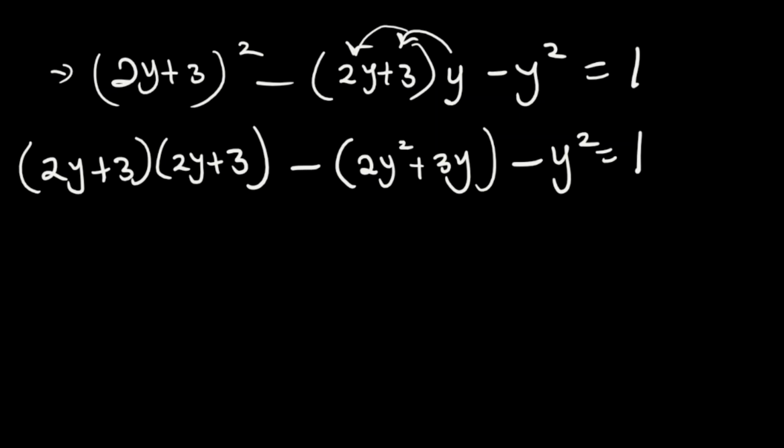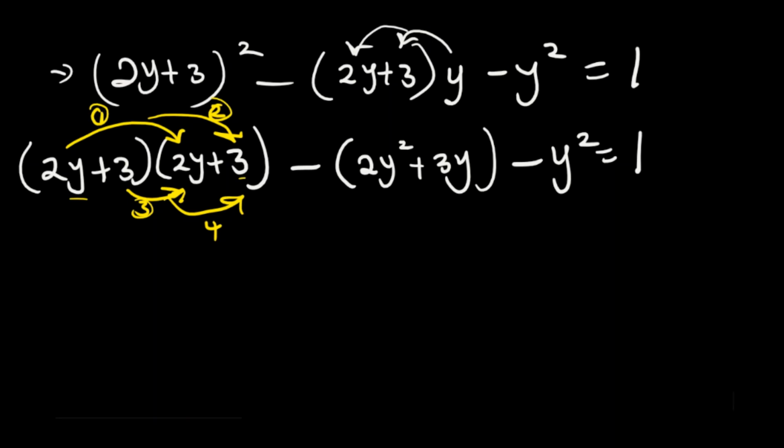And then now you're going to find the product of this here, right? Meaning that you're going to start off with this 1, which means you're going to say 2y multiplied by 2y, and then this 2 here, you're going to say 2y multiplied by this 3 here, and then number 3, you're going to say 3 multiplied by 2y, and then number 4, you're going to say 3 multiplied by 3.